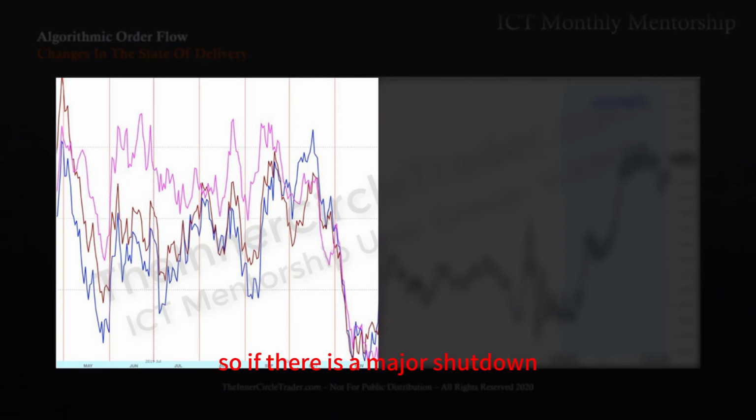So if there is a major shutdown in those types of things and imports coming in that we can't, as Americans, consume and buy, those are going to have a huge impact on our economy. And that is one of the reasons why the dollar has fallen so hard this year.